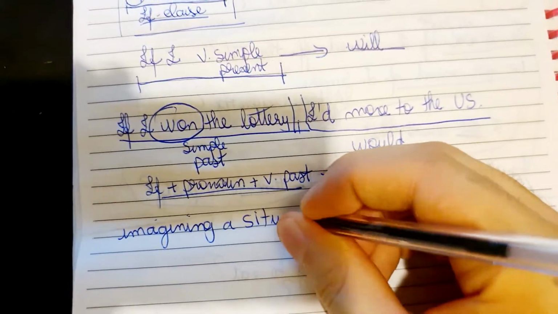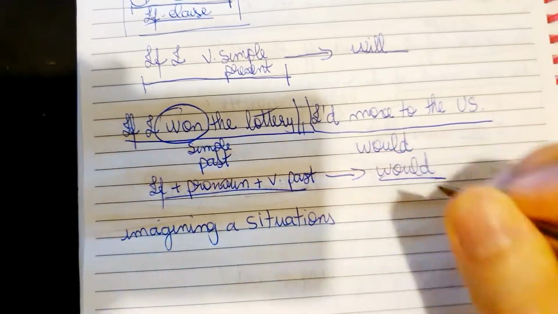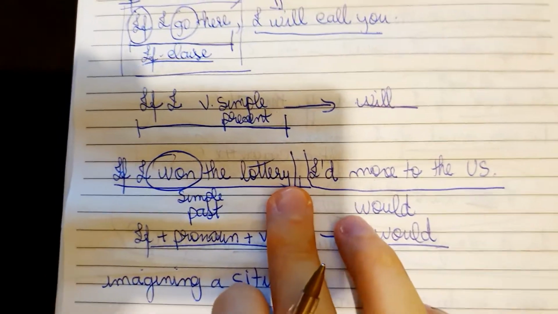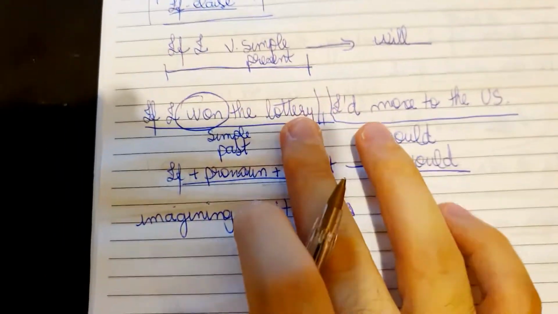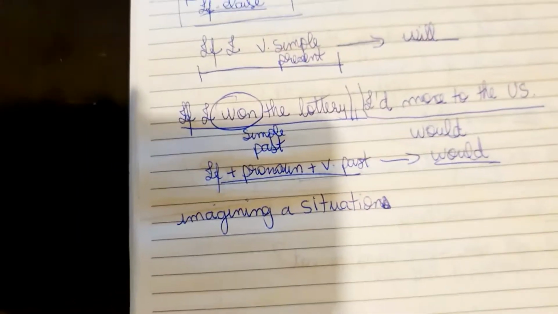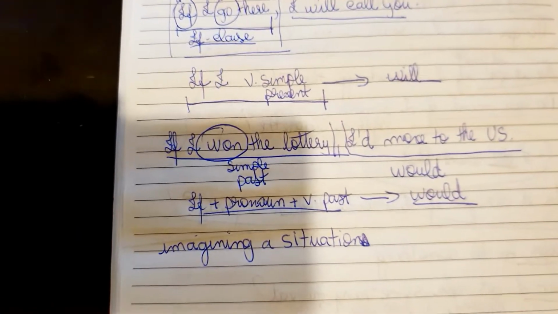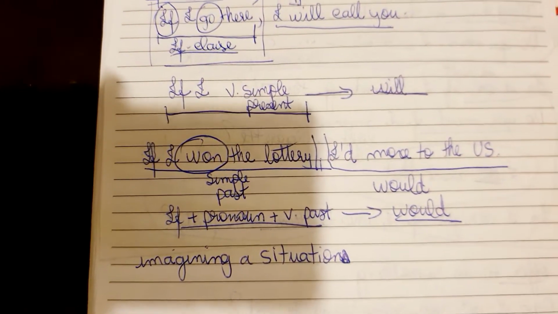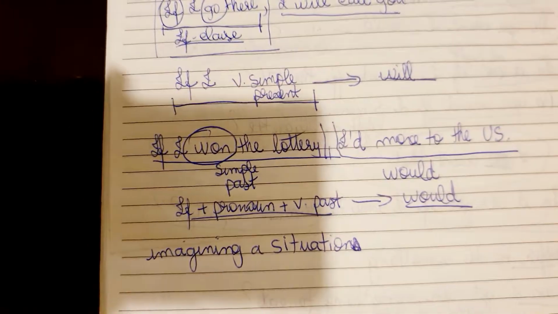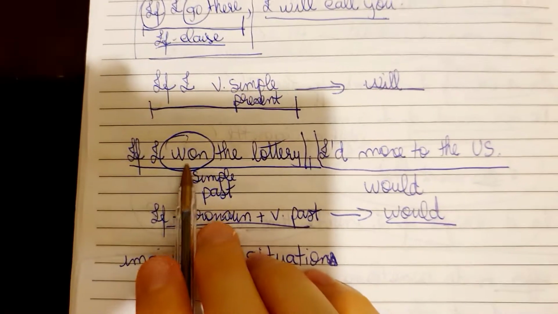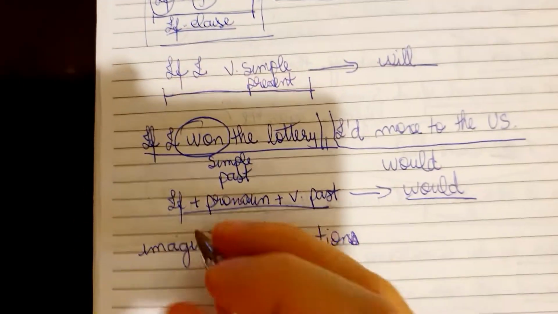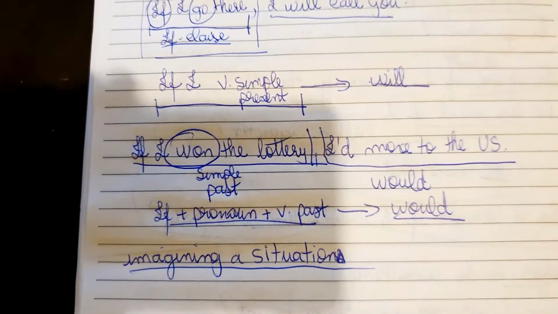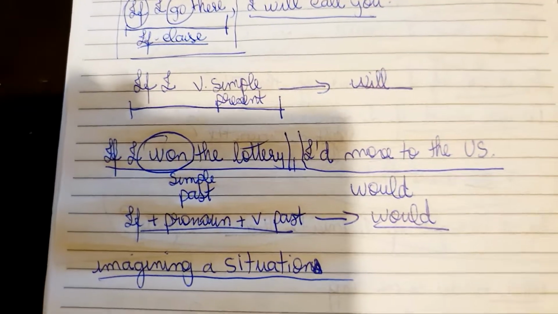You are at home imagining, if I won the lottery. So winning the lottery is not in the past. I'm imagining if I win the lottery, if I won the lottery in the future. It's like a future situation, but the verb tense is in the past because I'm just imagining it, right? There is no indication that this situation is real right now.